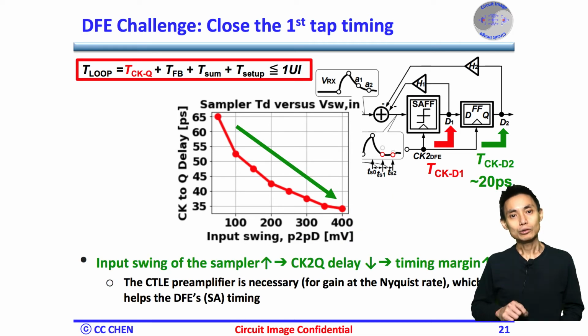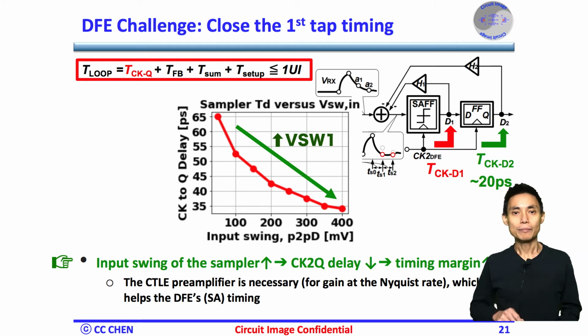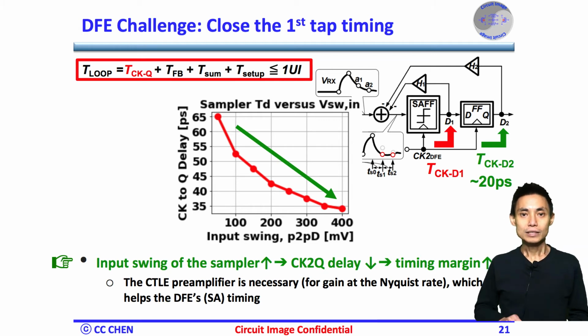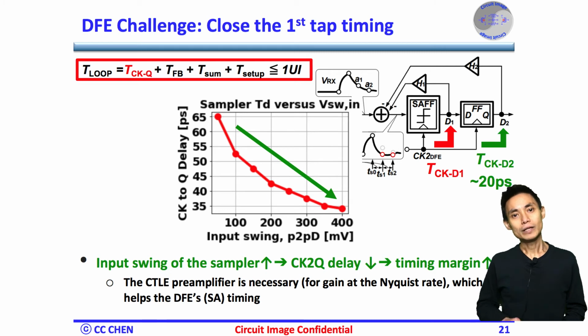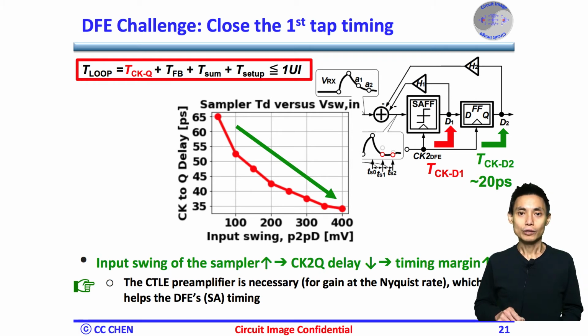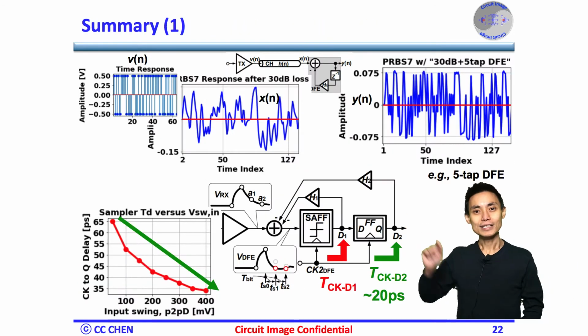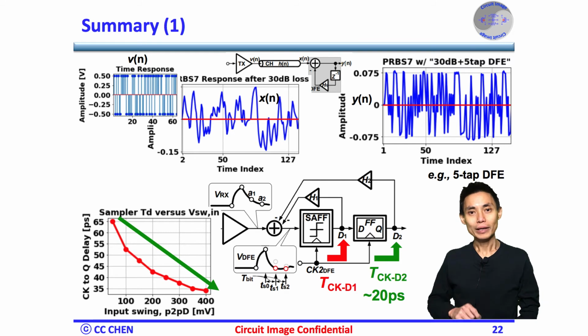Therefore, we like to increase the input swing of the sampler to decrease the clock-to-Q delay and increase the first tap timing margin. Because of this, we favor having a CTLE as a preamplifier to boost the swing at the Nyquist rate for the 1010 pattern, and it helps the DFE's first tap timing a lot. Here is the summarized image you may have for why not DFE only in the equalization.